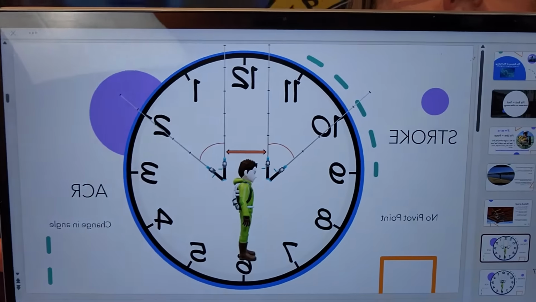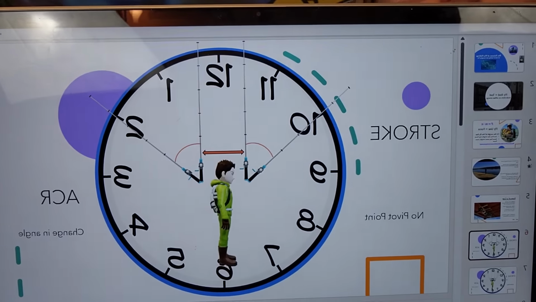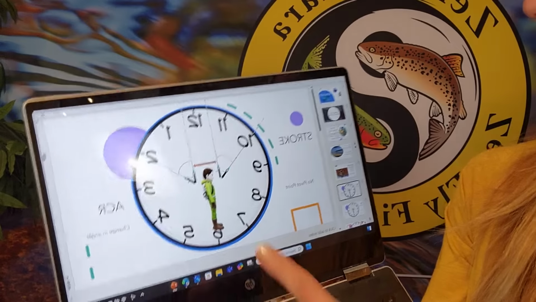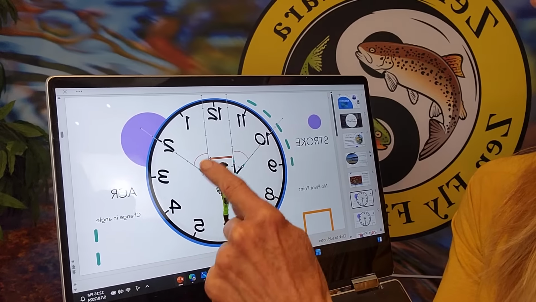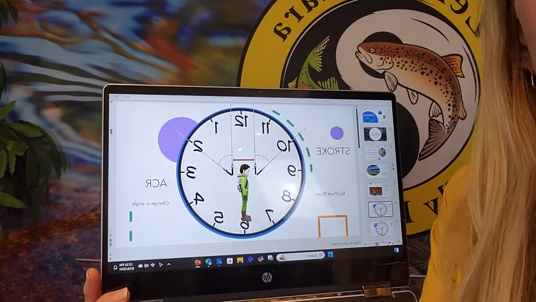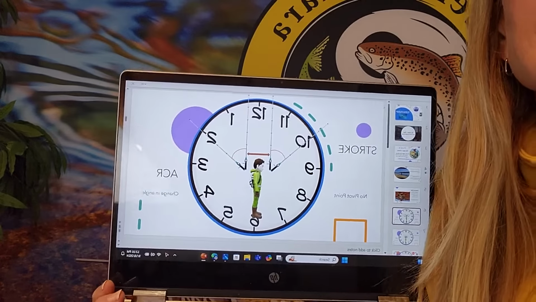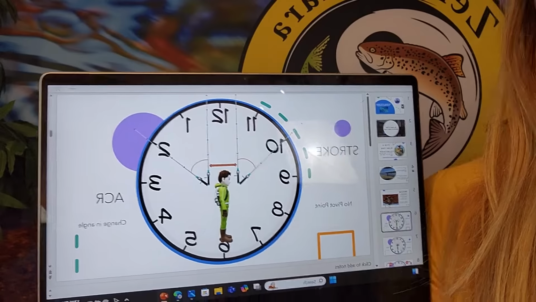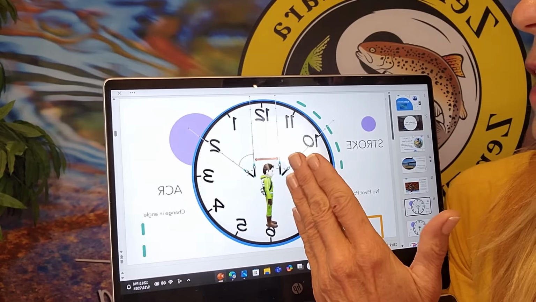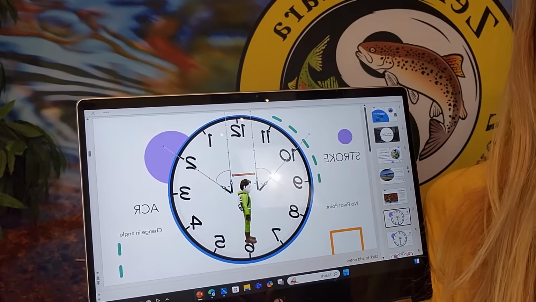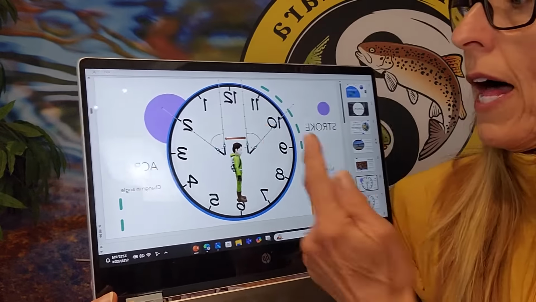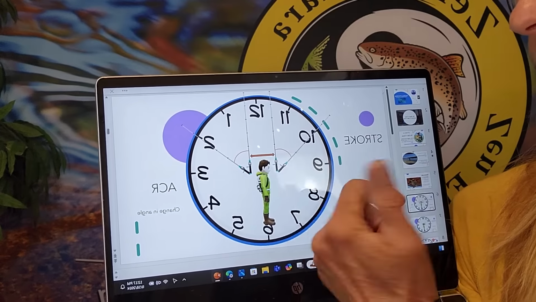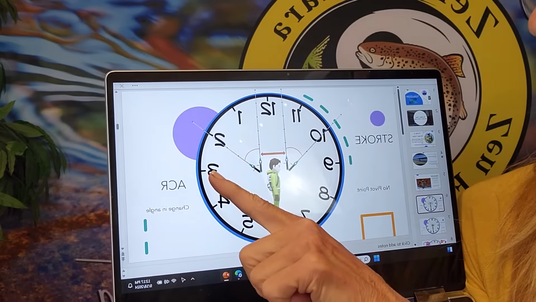There we go. Do you see this? The stroke is not from a pivot point moving the arm back and forth like a windshield wiper. Instead, the arc refers to the change in the angle on the forward cast and the back cast.